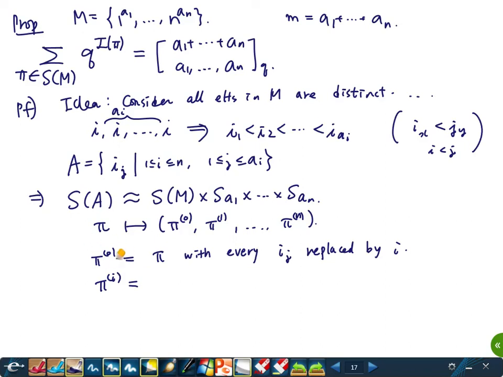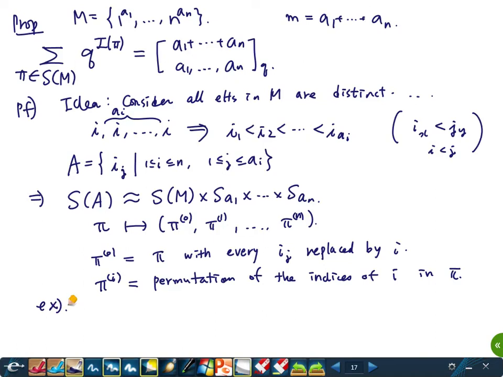In this original permutation, we had a permutation of these; that will record the subscripts of i in pi. So this is the permutation of the indices of i in pi. Let me give you an example. This will make this clear.